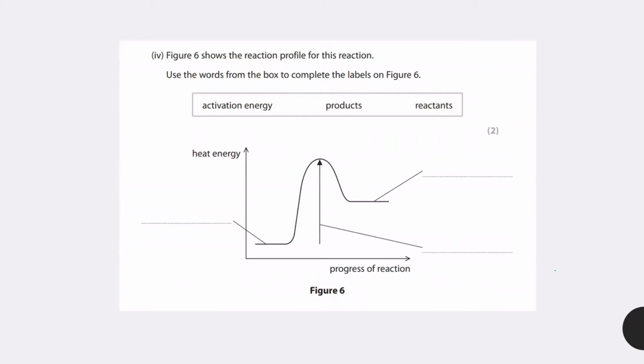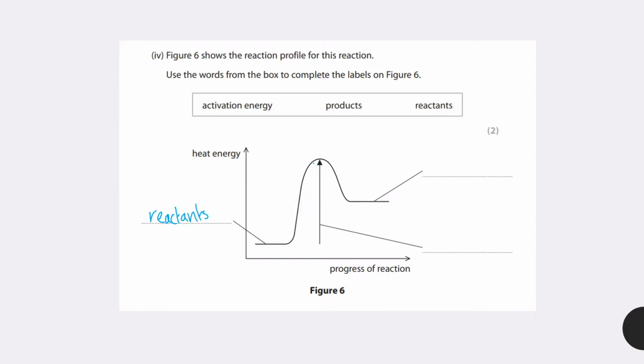Figure 6 shows a reaction profile for this reaction. Use the words from the box to complete the labels on figure 6. So we've got heat energy and progress of reaction. We start here, so we've got reactants, the things that go in.